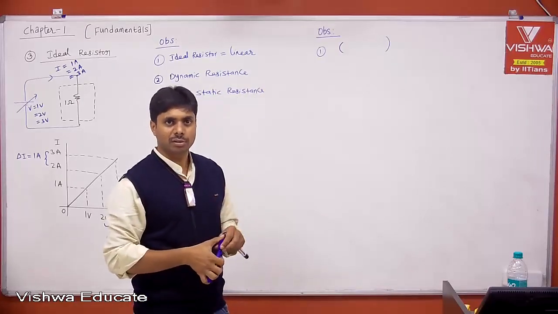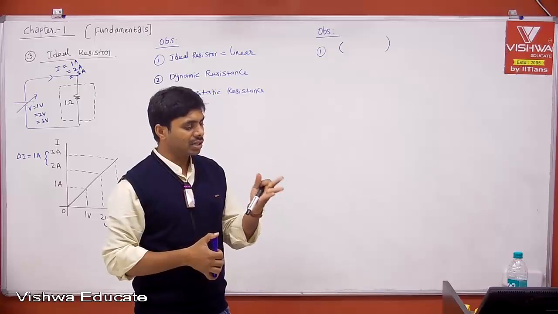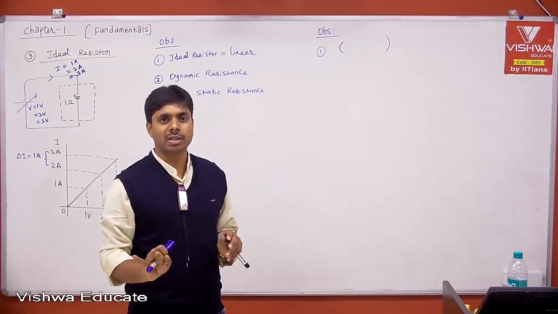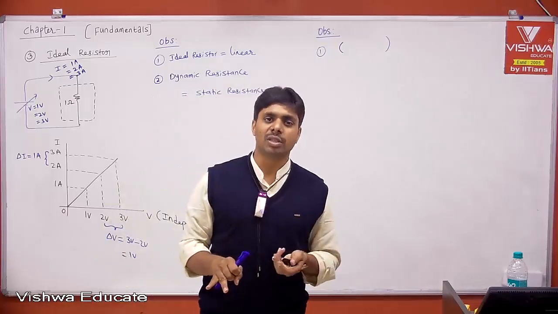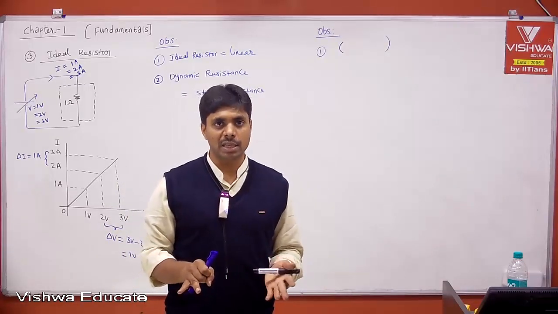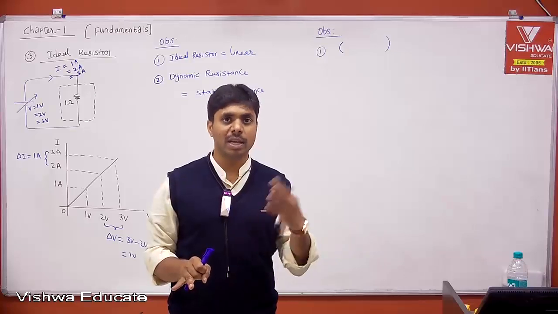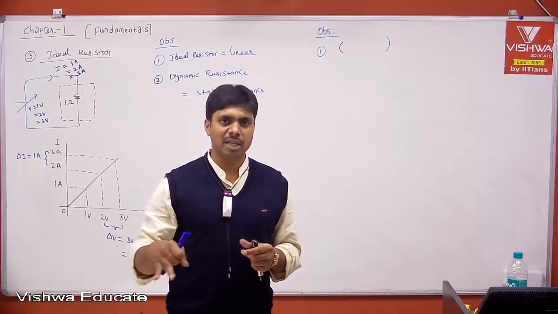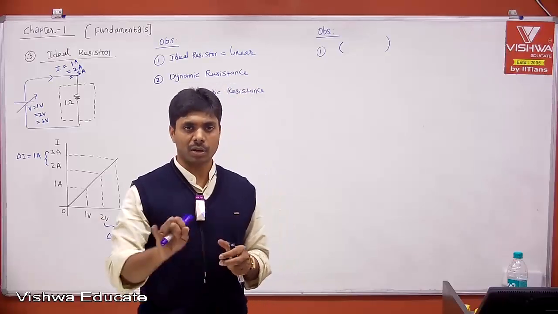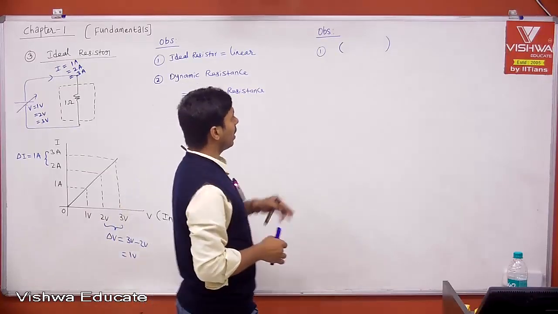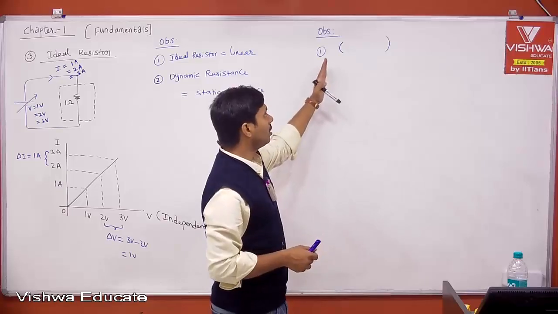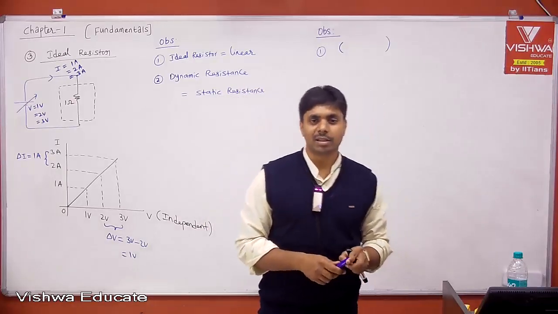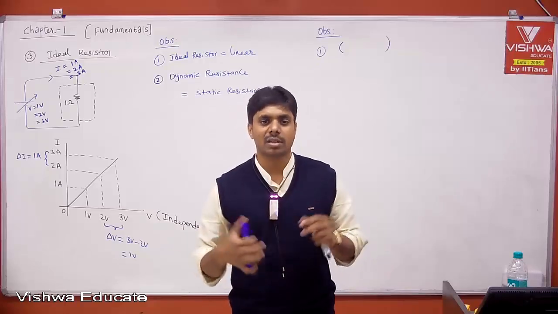Ideal voltage source, ideal current source, PN junction diode, BJT, JFET, MOSFET are all non-linear, as are semiconductor devices with PN junction like UJT, thyristor, SCR, PNPN or NPNP. These are all semiconductor devices with a PN junction in the current conducting path, or some path. Therefore, write down: for all nonlinear elements, dynamic resistance is not equal to static resistance.